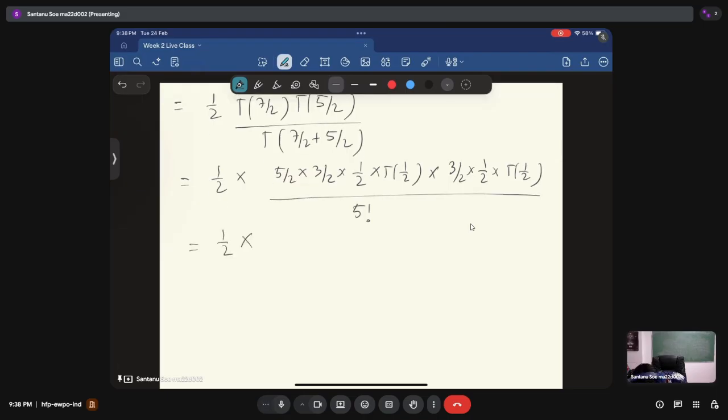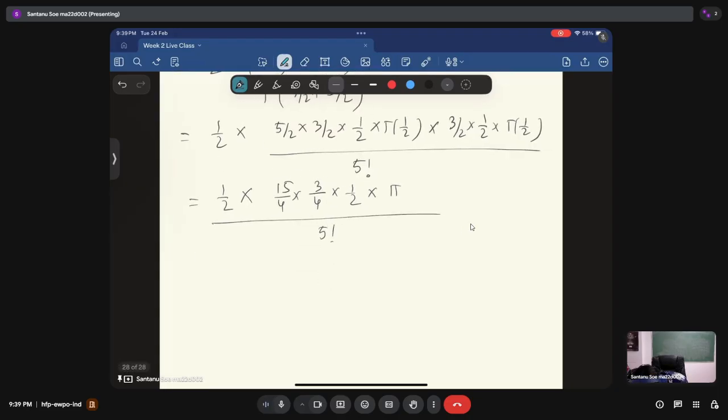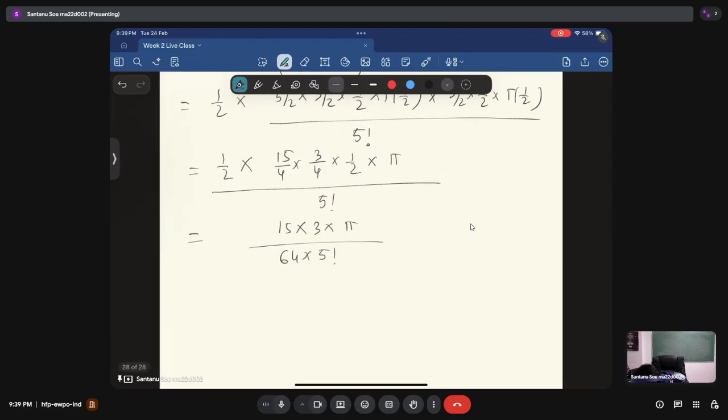So half multiplied by, so this will be 15 by 4 into 3 by 4 into 1 by 2 into pi divided by 5 factorial. Okay, so this is going to be 15 into 3 into pi divided by 64 into 5 factorial, correct?